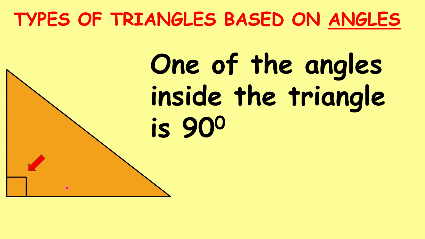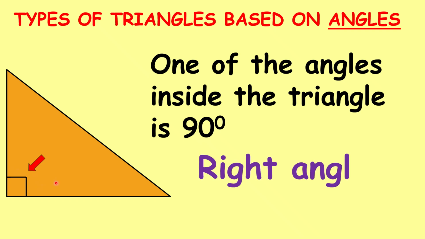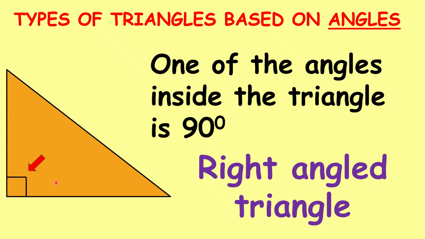And since it is equal to 90 degrees, it is called a right-angled triangle, or it can also be called a right triangle. The presence of 90 degrees in this particular triangle makes it a right angled triangle or a right triangle.